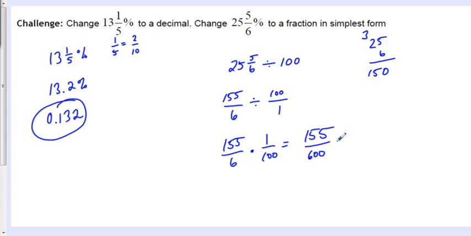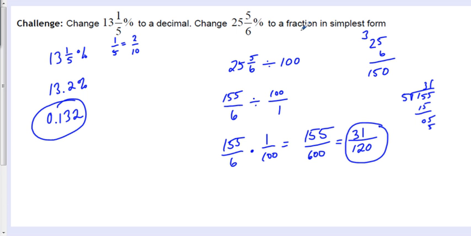I know 5 goes into both of these, so I'll take another quick side trip for 5 into 155. 3 for 15, once for 5. Let's see if I can do this in my head. 5 into 600. 5 into 60 is 12, so 5 into 600 is 120. That is in simplest form.